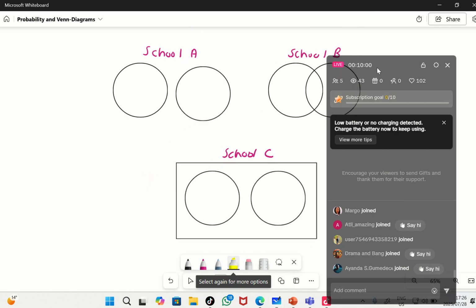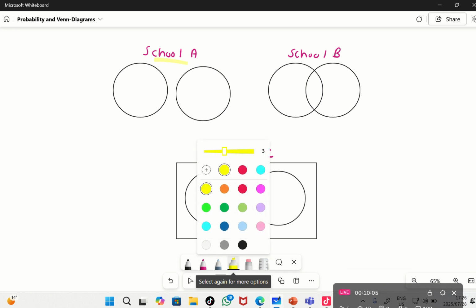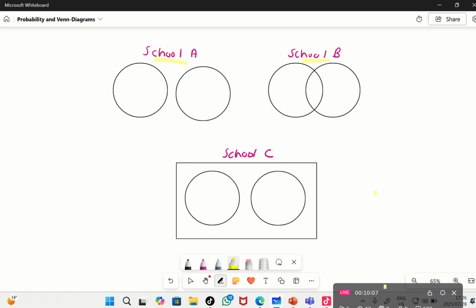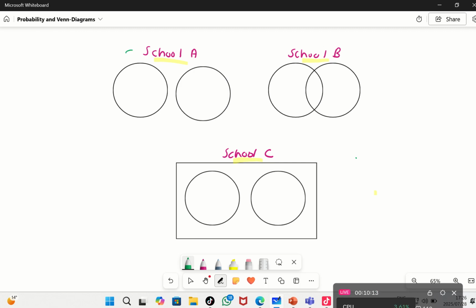Let's just create a scenario here. You've got three different schools: school A, school B, and school C. Now, in school A a learner can either play soccer or netball.